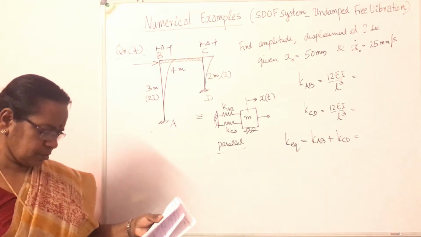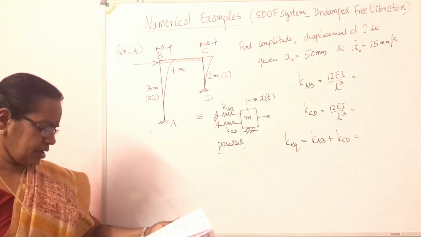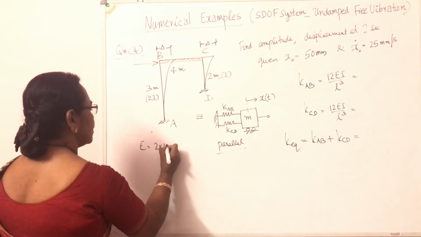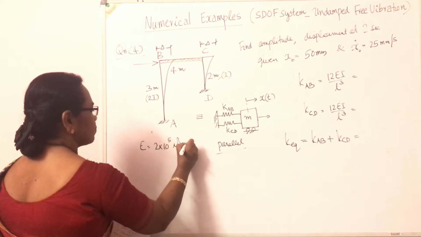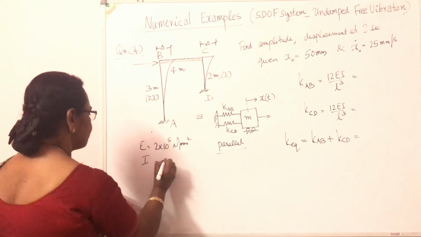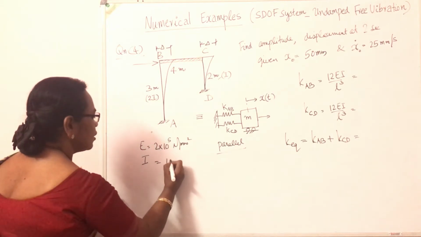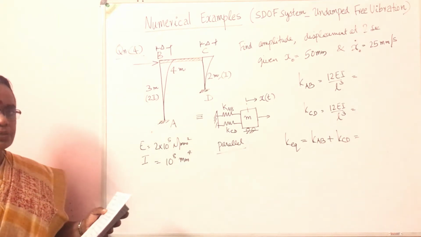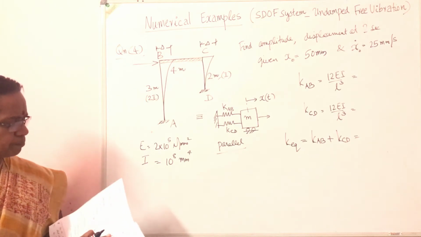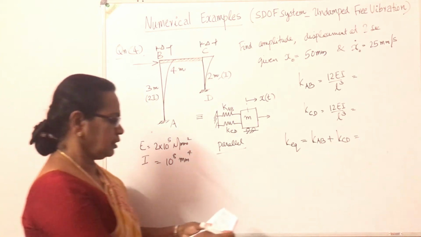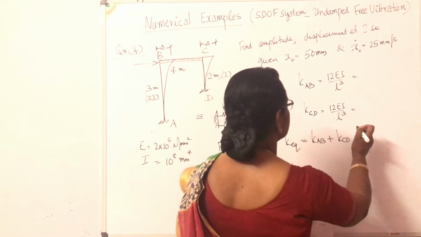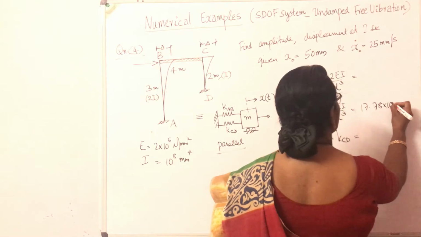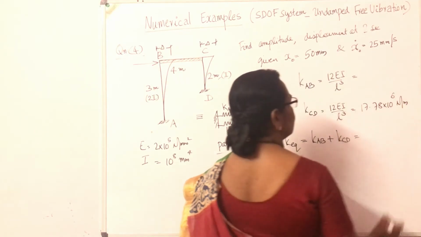Substitute the values: E is given as 2 into 10 raised to 5 Newton per mm square, and the moment of inertia of the column sections is 10 raised to 8 millimeter raised to 4. Substituting these values, you will get the stiffness of column AB as 17.78 into 10 raised to 6 Newton per meter.